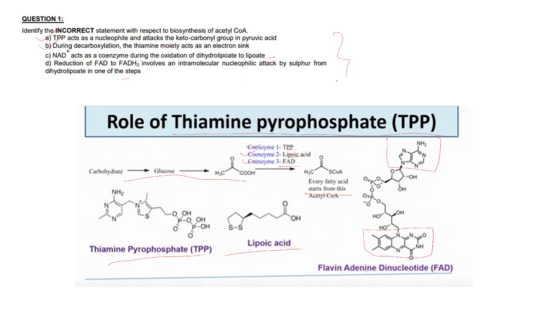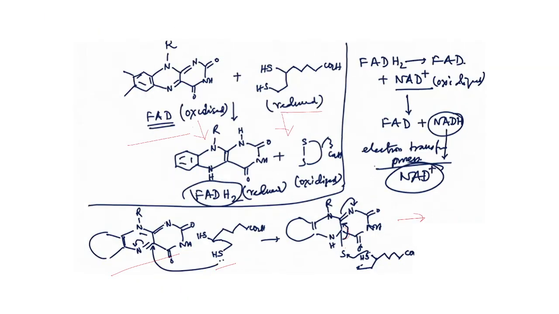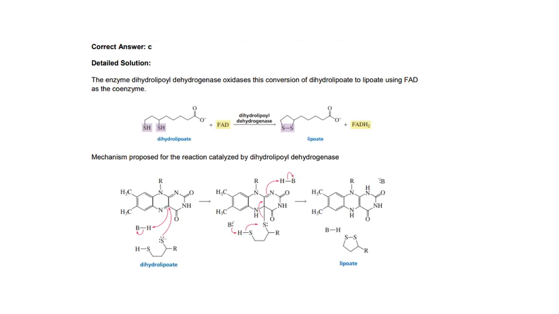So now we can see NAD plus acts as a coenzyme during the oxidation of dihydrolipoate to lipoate. The dehydrogenase enzyme oxidizes dihydrolipoate to lipoate using FAD as a coenzyme.